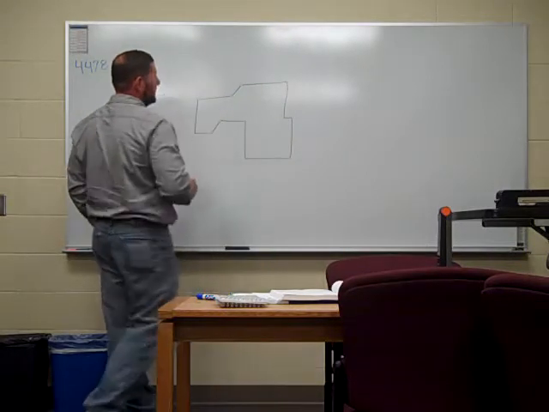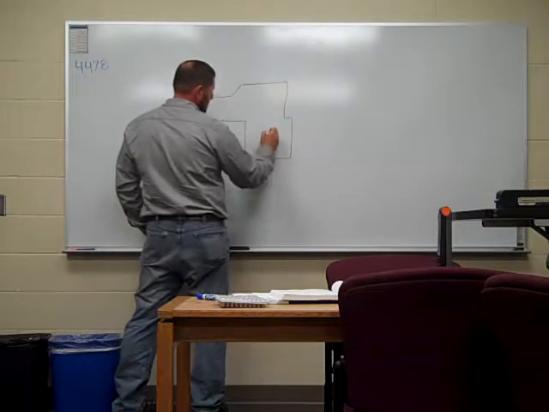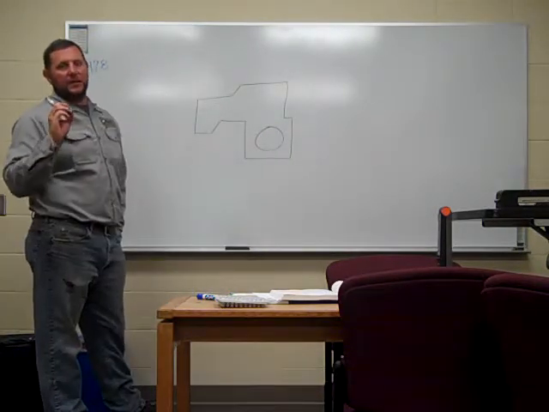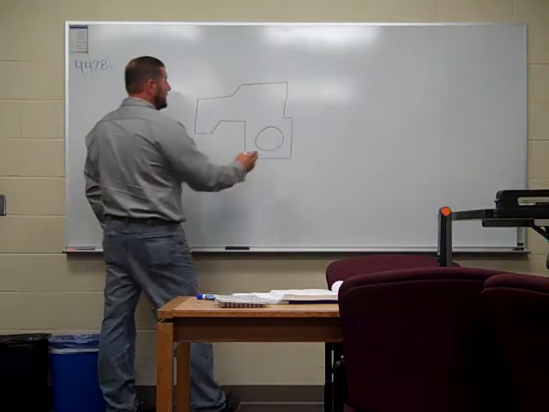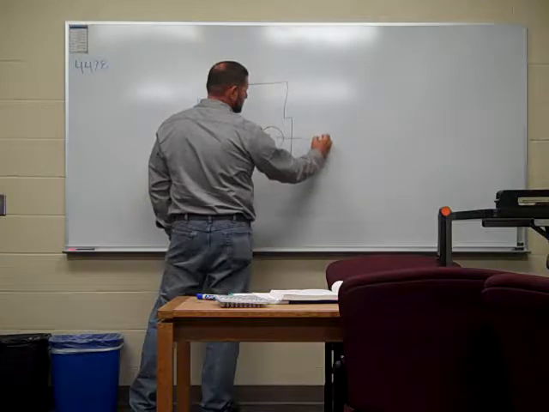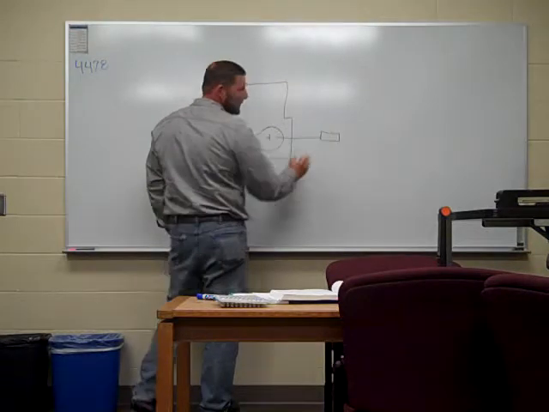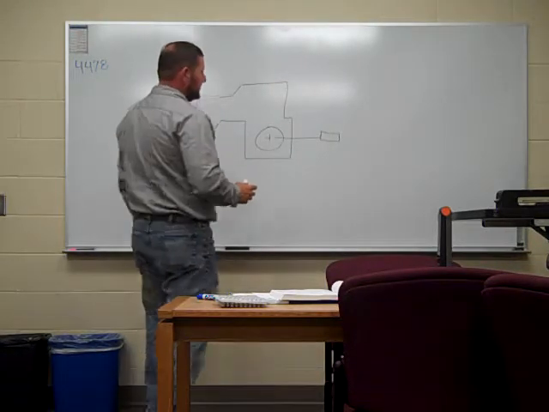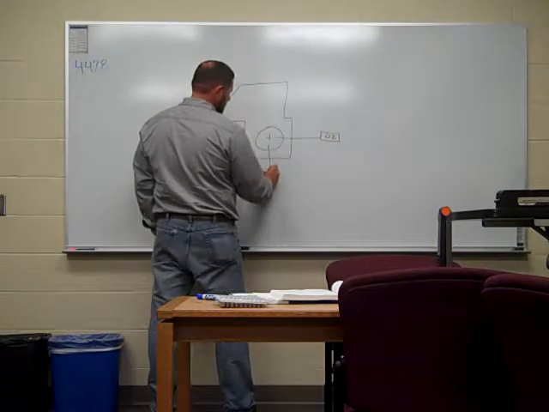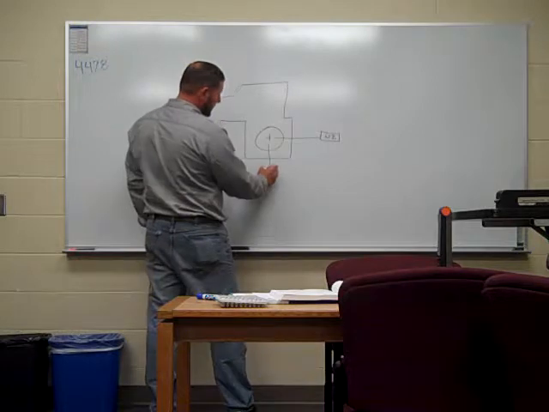Something that looks like that. And there's a circle in here. Zero plane dimensioning is where they pick an exact spot to be 0. And in this example, they use the center point to be 0. They've got this 0, 2. They have this one 0, 1.